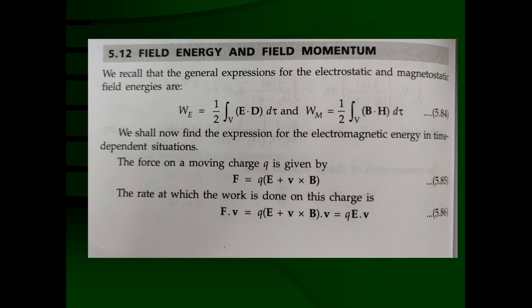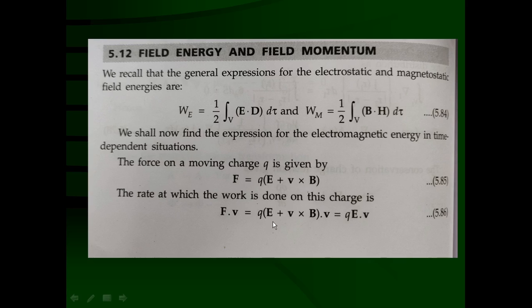Force dot displacement vector, upon time. The displacement upon time is nothing but the velocity. So the rate at which work is done on this charge is equal to F dot v, which is equal to q into E plus v cross B, dot v.